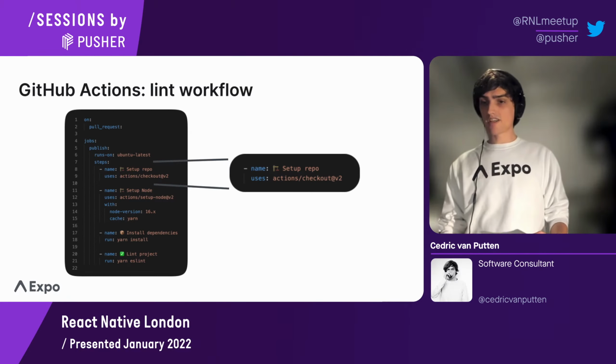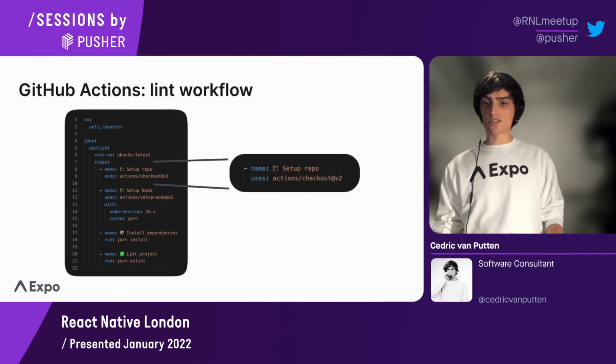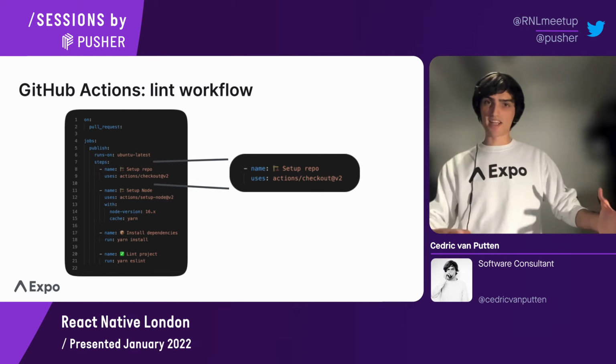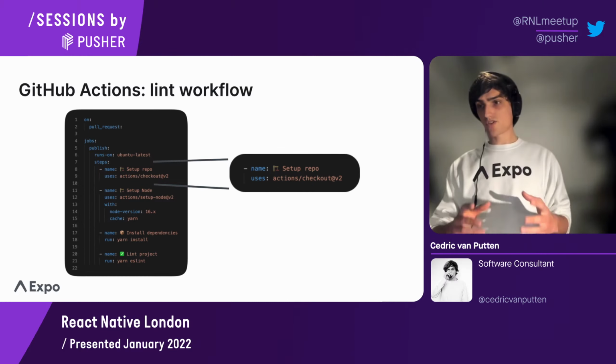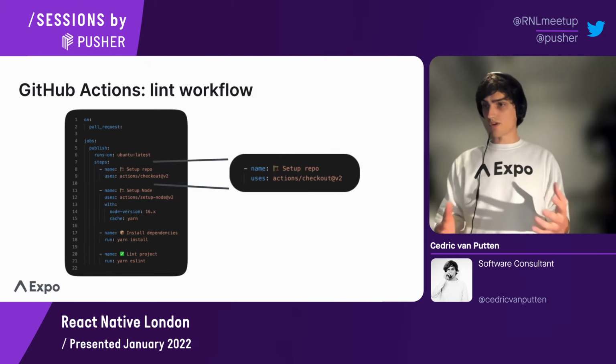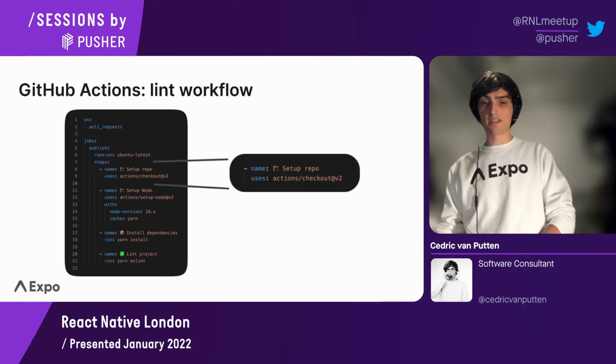But luckily, we can use an external plugin, or action as they call it, with uses, and we refer here to the default checkout action. This action takes care of everything from cloning the repository to checking out the right PR branch, and making sure you're not overloading the workflow with thousands of commits if you have a long history.